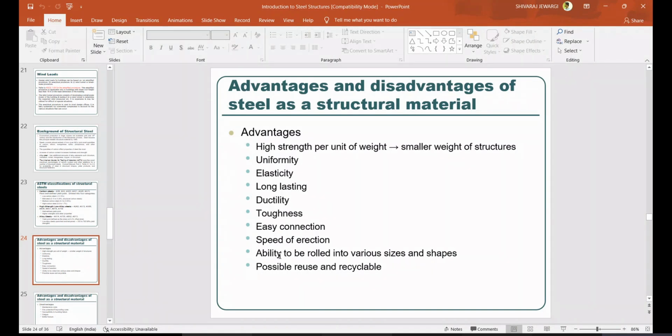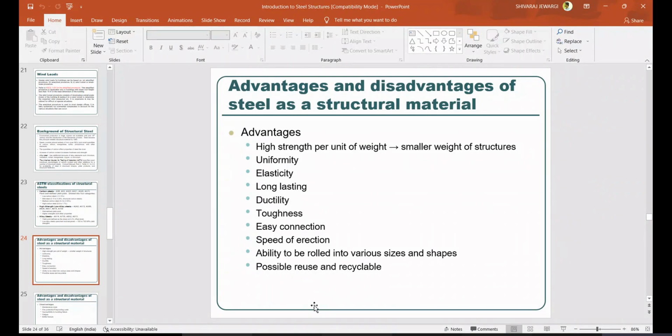And one more thing is that steel structures can be strengthened at any time in the future if necessary. Say, for example, you initially construct a building with an I section column and an I section beam.